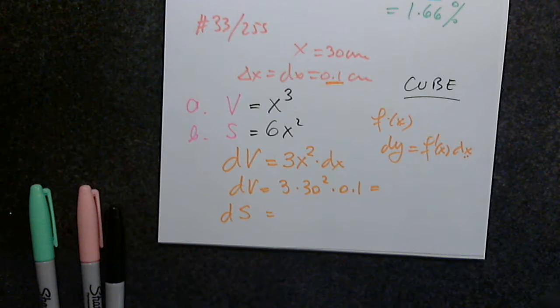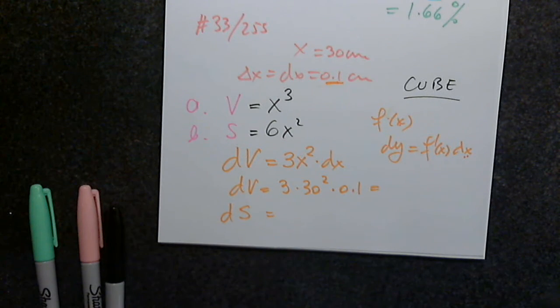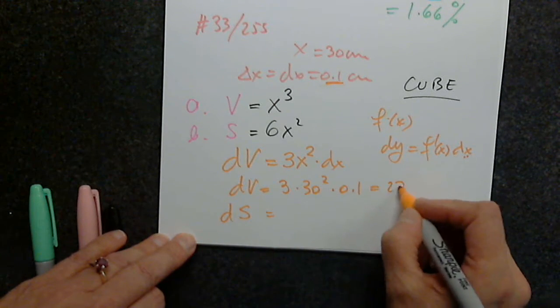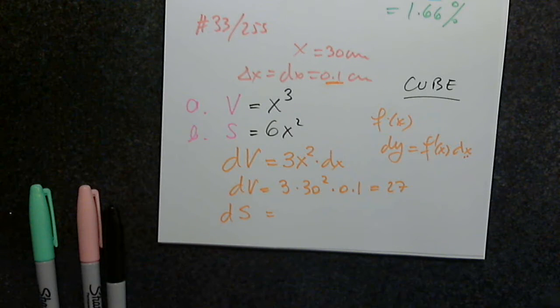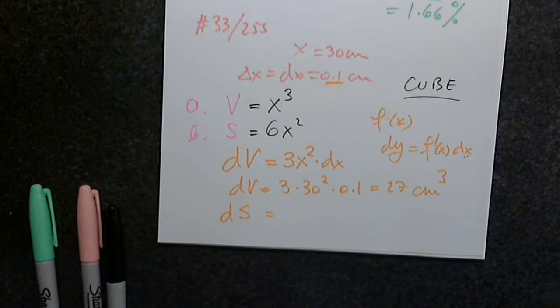So what is it? So this is 900 times 3, 27 and 2 zeros? So this is 27. A measurement unit. Very good. Centimeter cube. Good. What about the second one?